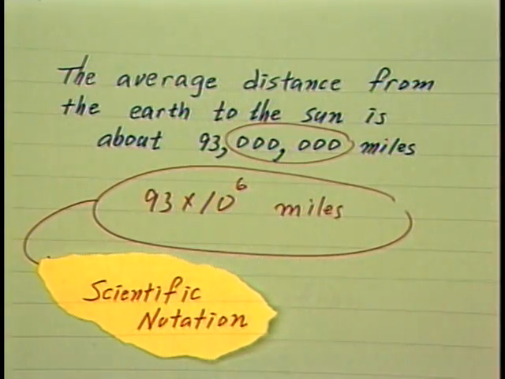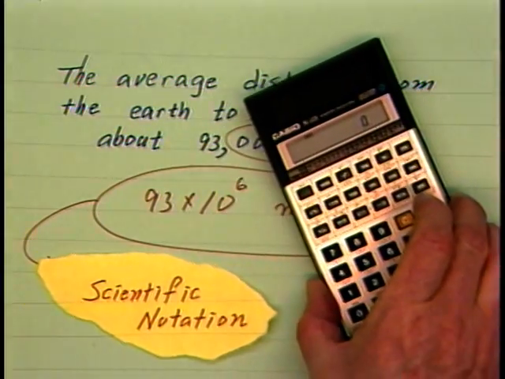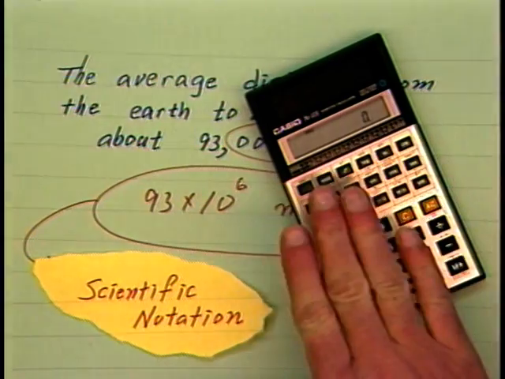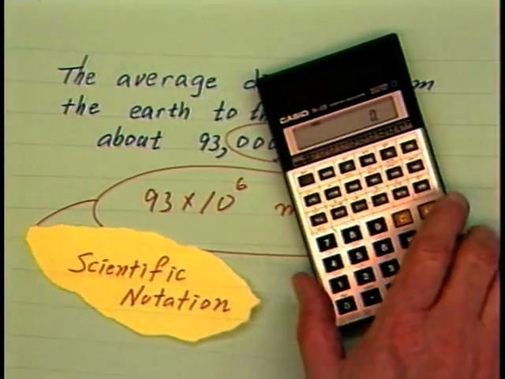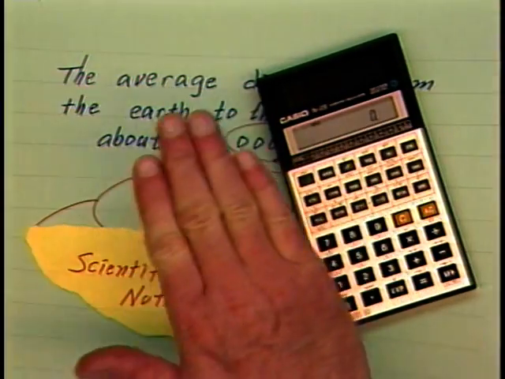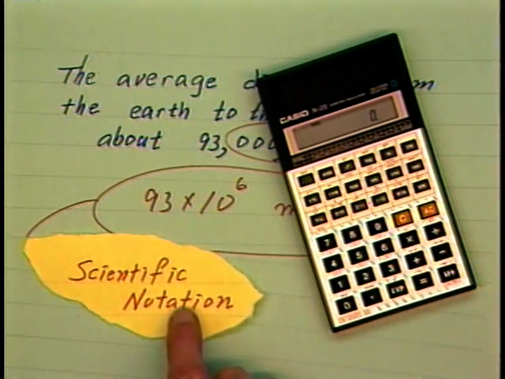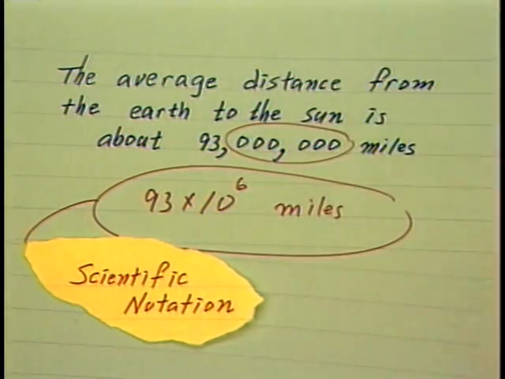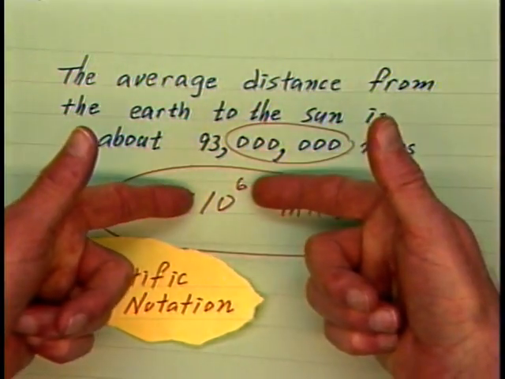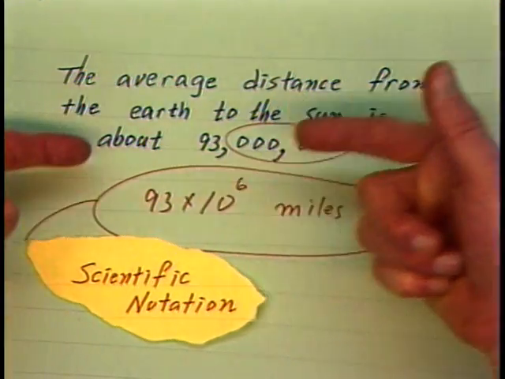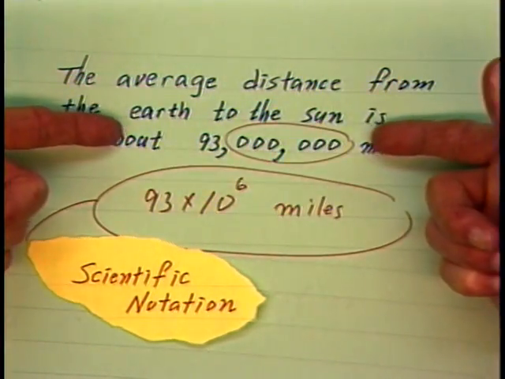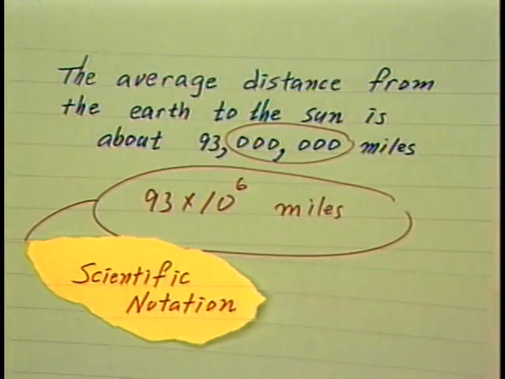In fact, if you have a calculator, check your handbook and you'll find that even calculators have a way of putting numbers in or taking numbers out called scientific notation, which is nothing more than using powers of tens and later decimals to write extremely large or extremely small numbers in a very special and very convenient manner. This lesson begins you on that road to be able to do that.